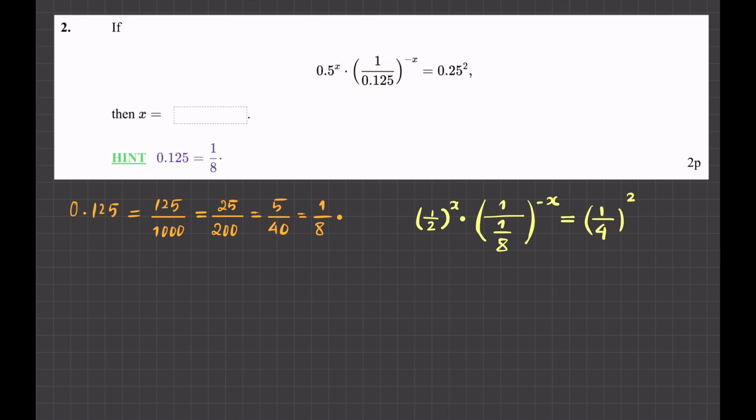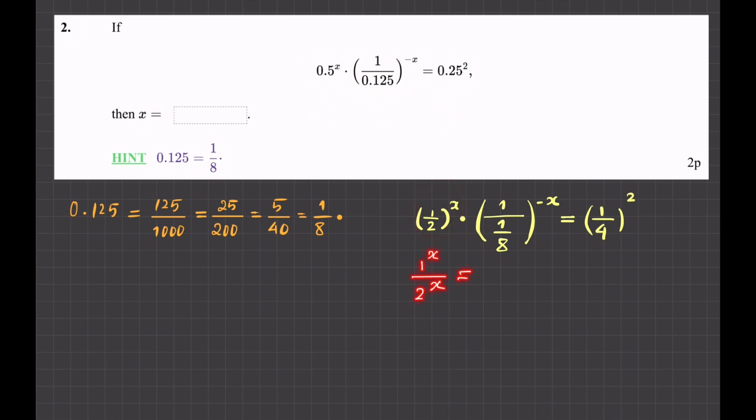It is just simply 8, because 1 over 8 itself is the inverse of 8. So if you find the inverse of a number 2 times, you go back to the same number, yes? So for this one, I can write 1 to the power x over 2 to the power x.